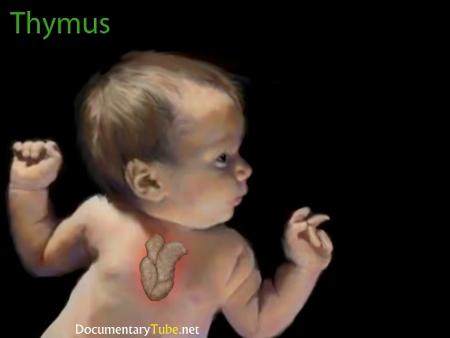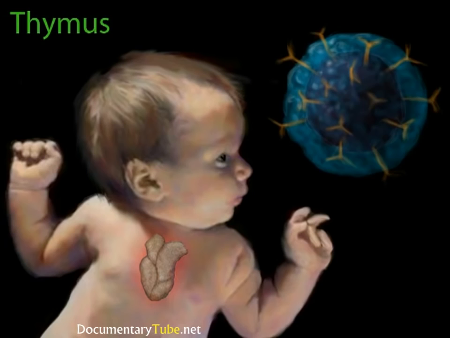What does the thymus gland do? Like many things in the human body, the scientific community is still rather puzzled by the thymus gland. We know that while a person is young, immature lymphocytes known as T lymphocytes leave the bone marrow. Remember, blood cells are made in the bone marrow, and they travel to the thymus.